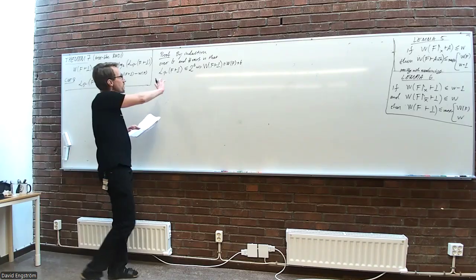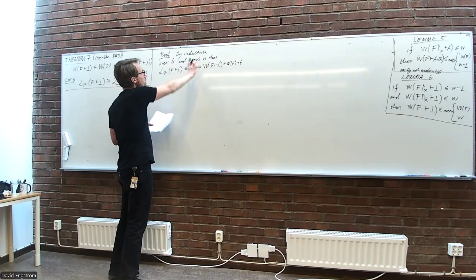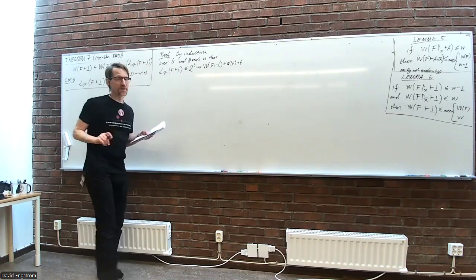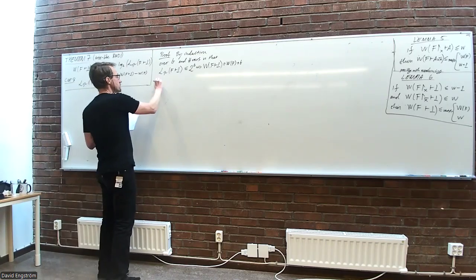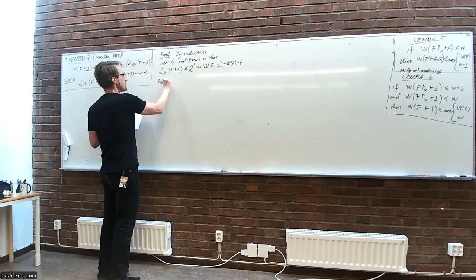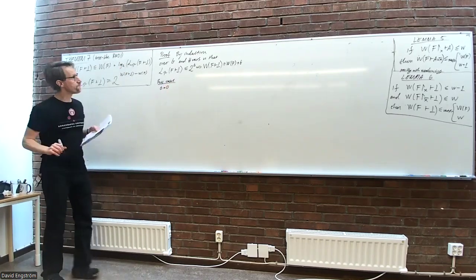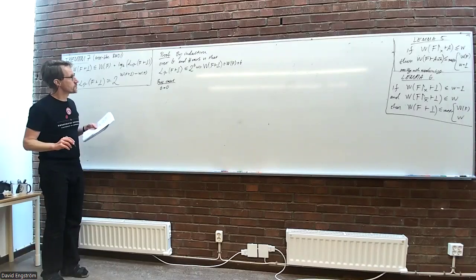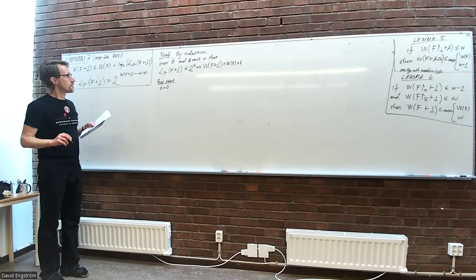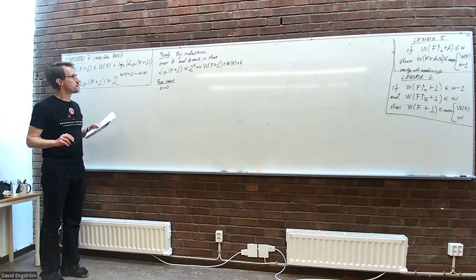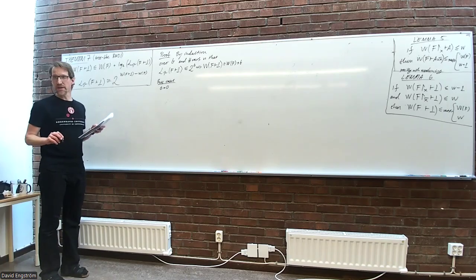And I'm going to do this by nested induction over b and the number of variables n. So my base cases are going to be, well, b could be 0. Okay, suppose that b is 0.